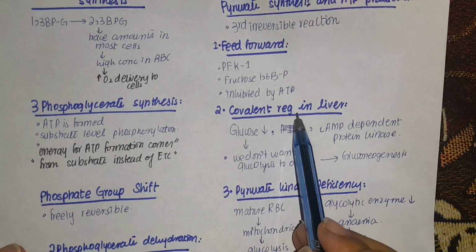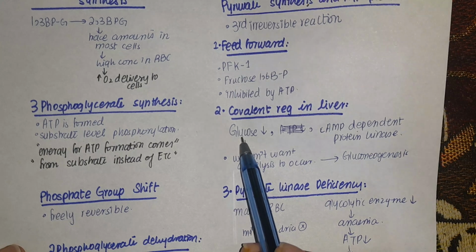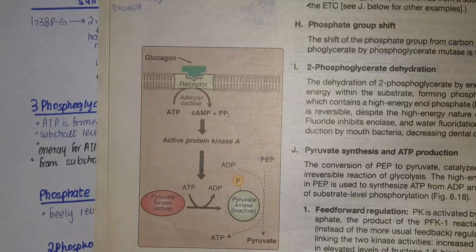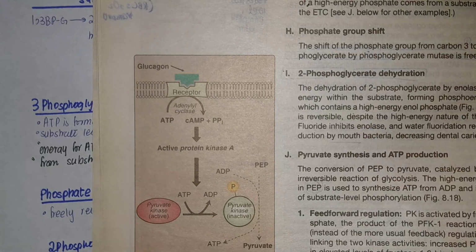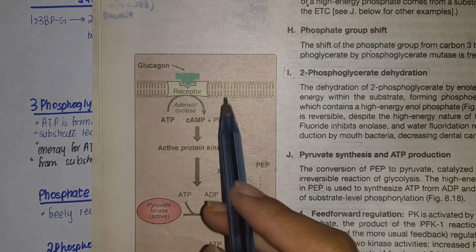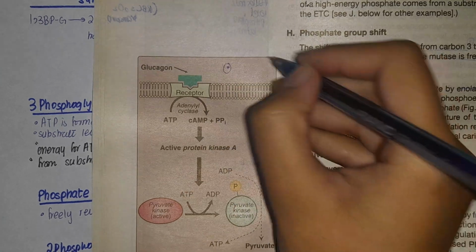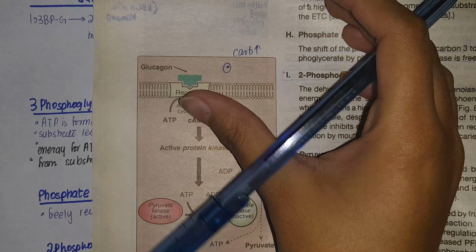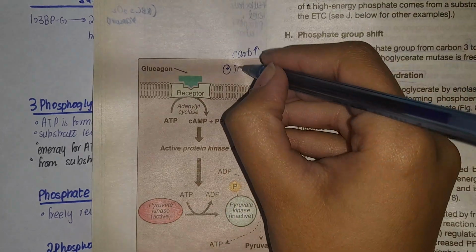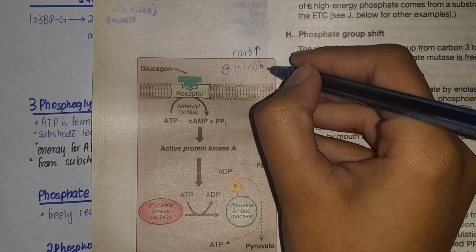Now we can say that covalent regulation takes place in the liver as well. So this is the kind of covalent regulation that takes place in liver. It is very easy. Now let's understand this whole mechanism. A major thing that you should know about glycolysis is, when you have taken a carbohydrate rich meal, you have a large amount of insulin, and that insulin supports the breakdown of glucose, or glycolysis.